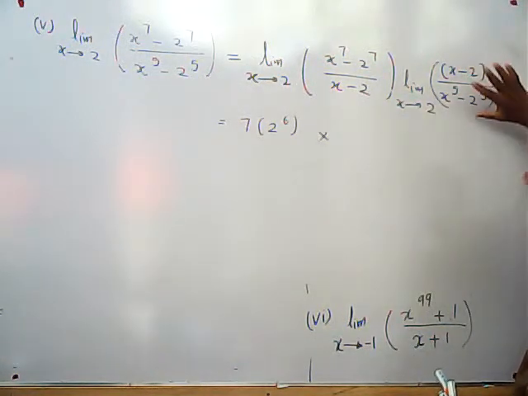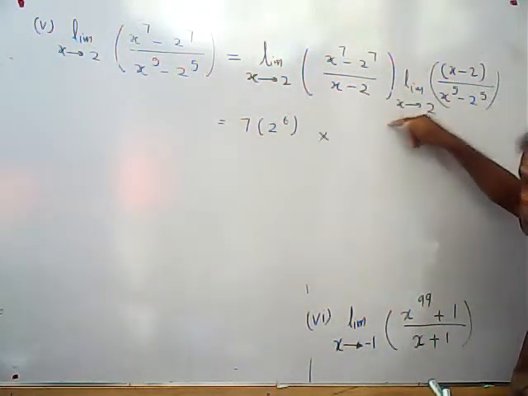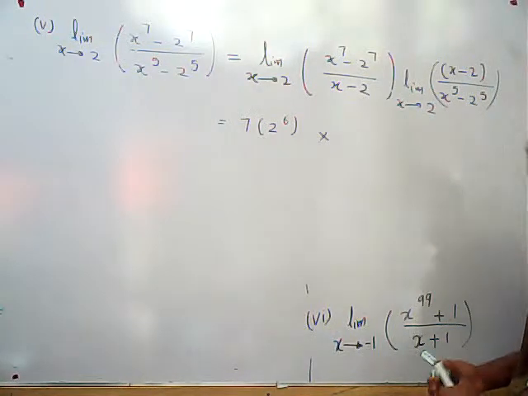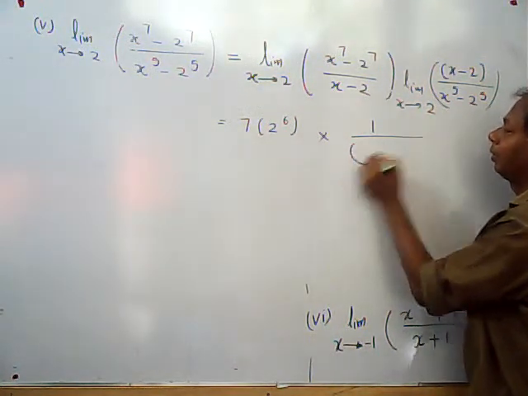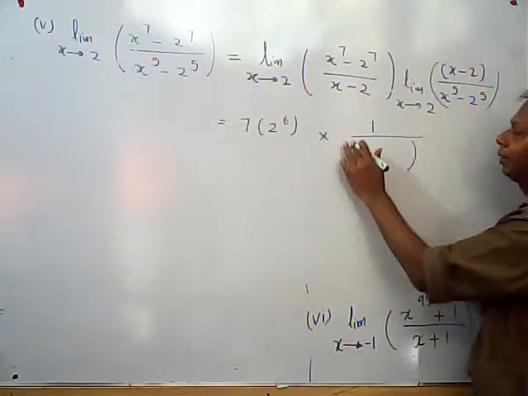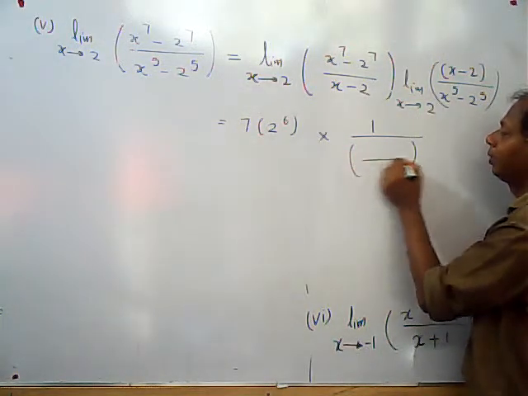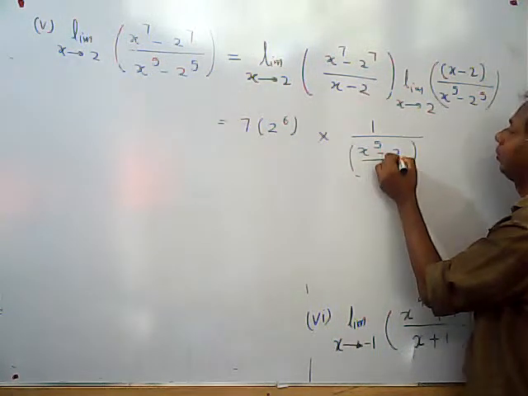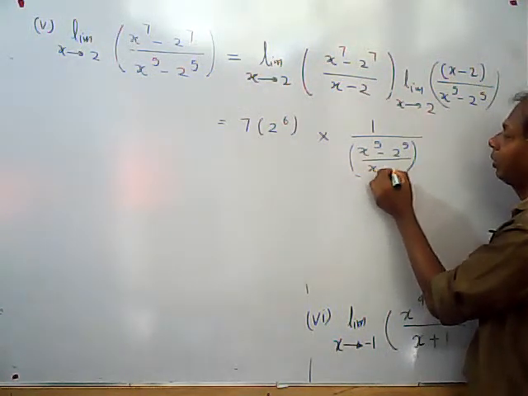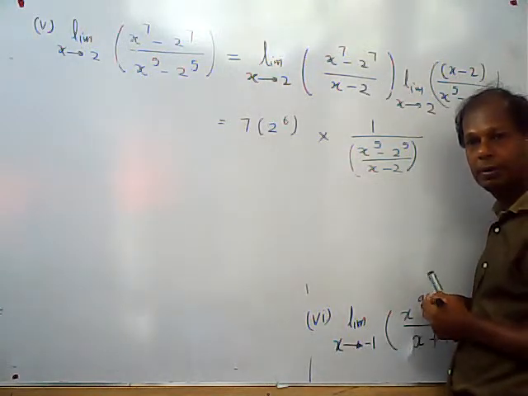So we will turn it upside down, but for which we will have to write it like 1 over. You can write it turning upside down: 1 over x to the power 5 minus 2 to the power 5 divided by x minus 2. No harm done, right?